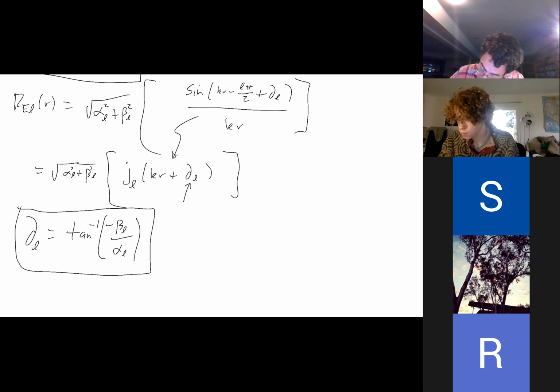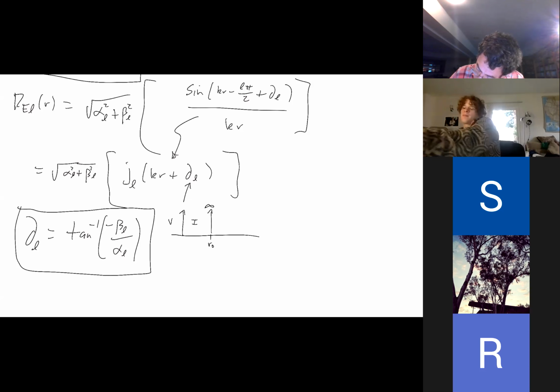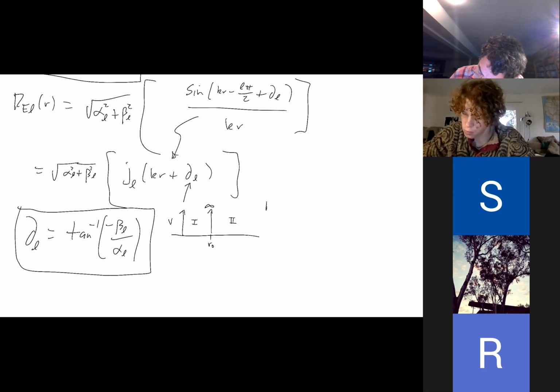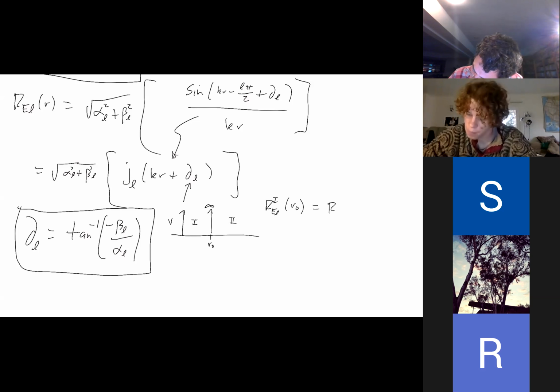remember we got this thing, you know, we got our region. This is R naught, this is V, and this is region 1, and this is region 2. And so I can write REL in region 1 at R naught is equal to REL in region 2 at R naught.